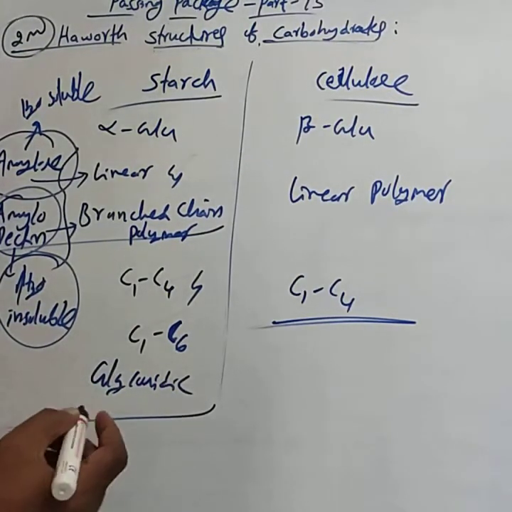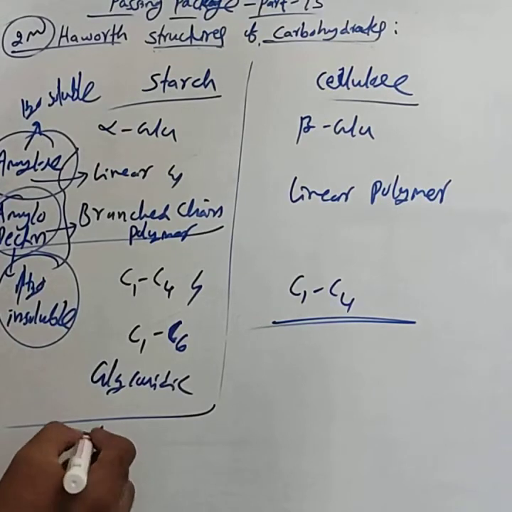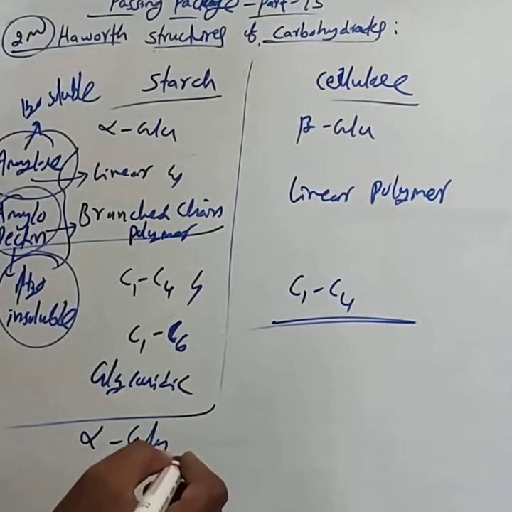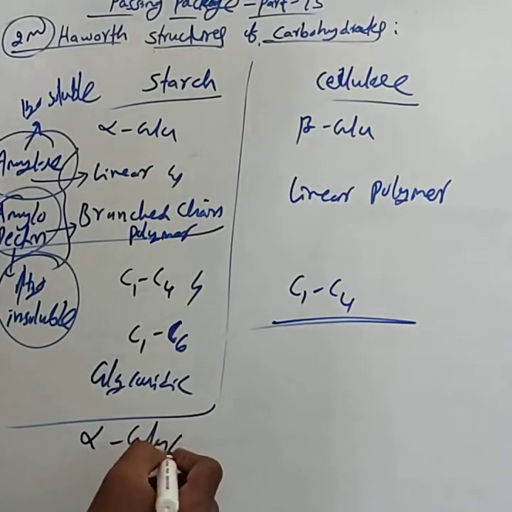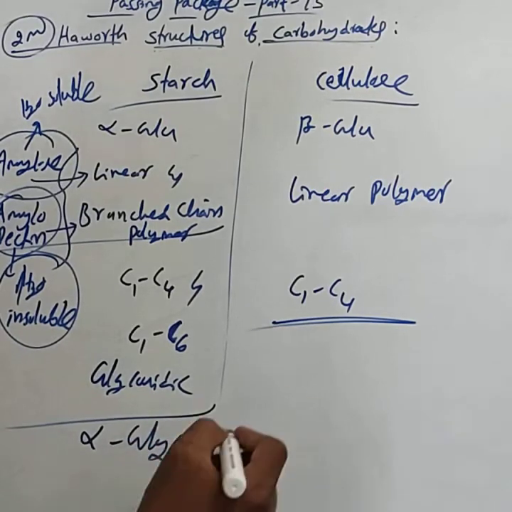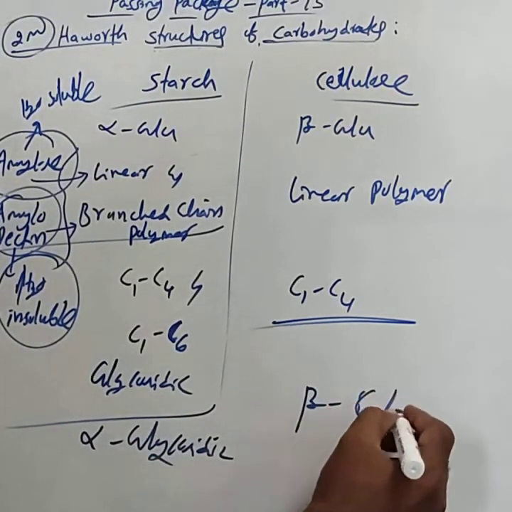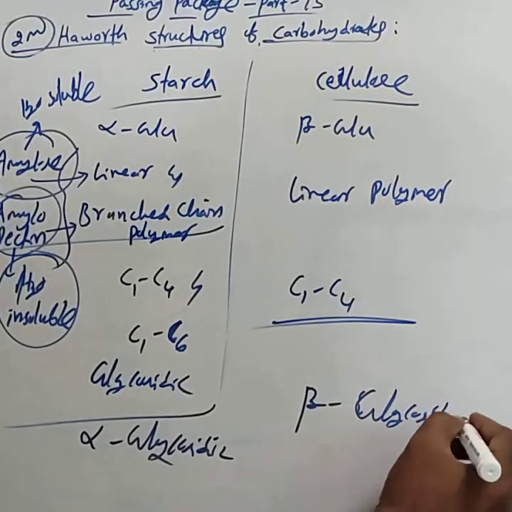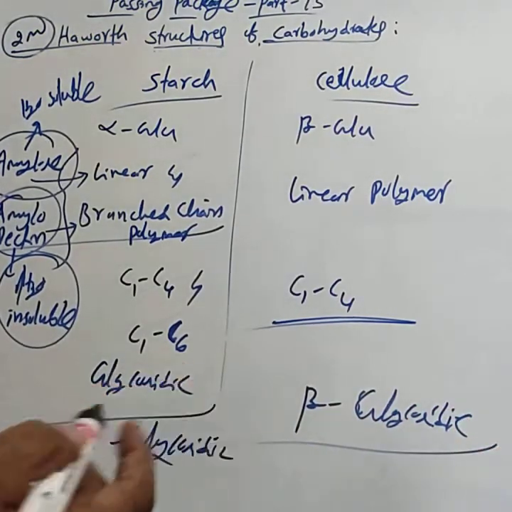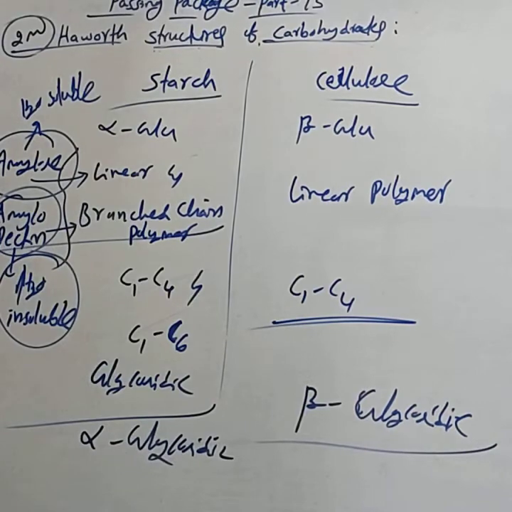One more you can consider: starch has alpha glycosidic linkage, while cellulose has beta glycosidic linkage. This is about the structural difference.